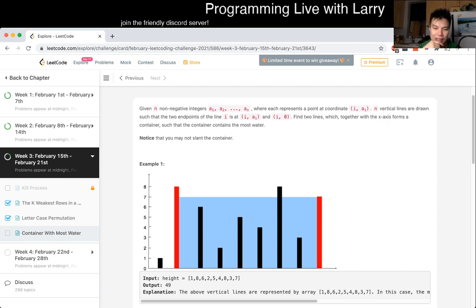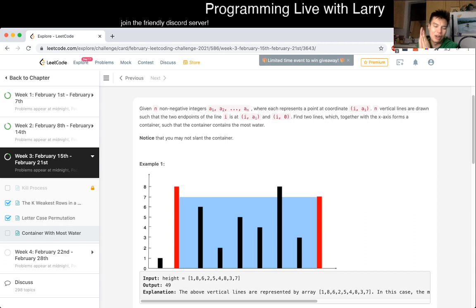And you can ask this in either direction. I think it should be the same, I could be wrong. But the way that I would think about it is asking the right question: given that we are at one vertical line, what is the most water that this line can hold if this is the right endpoint?